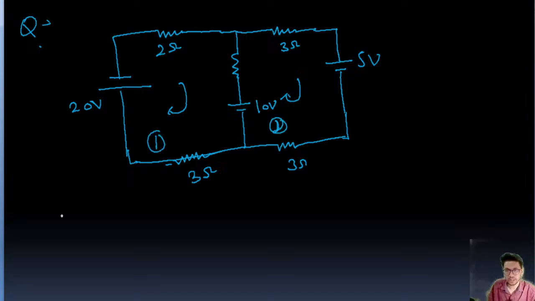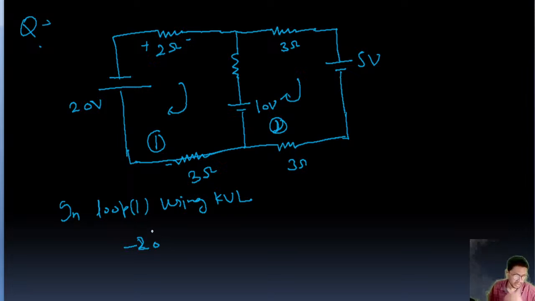So in loop 1, using KVL, we take plus to minus, so this is going to be minus 20 minus, this is I1 guys, this is I1, this is I2, and this is going to be I1 minus I2, right?